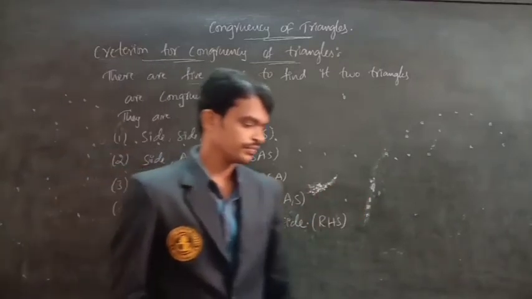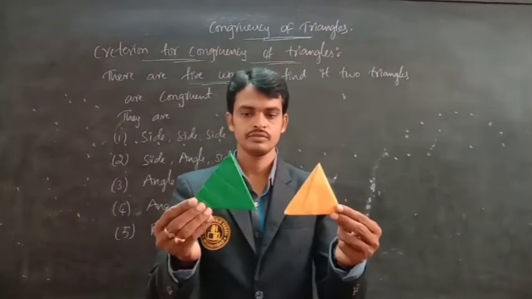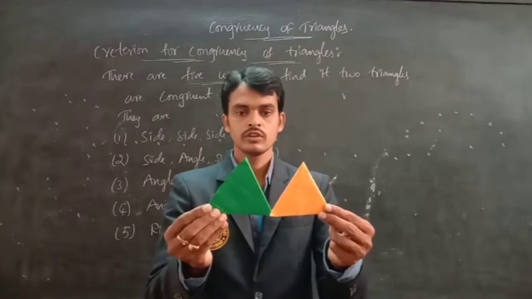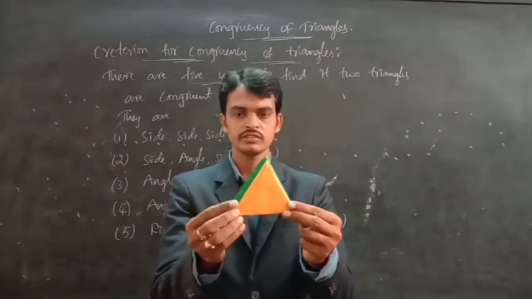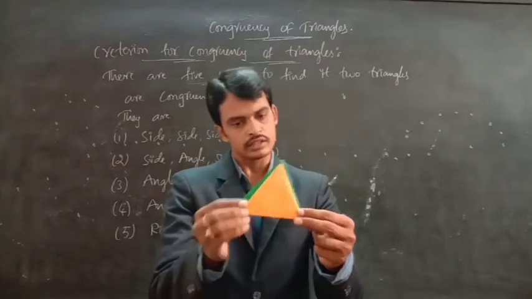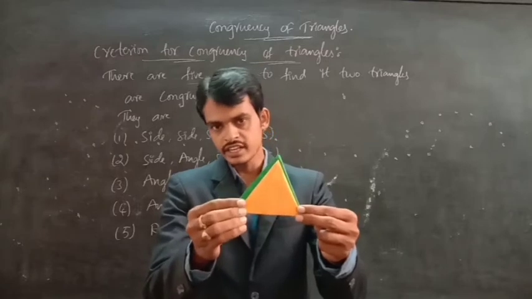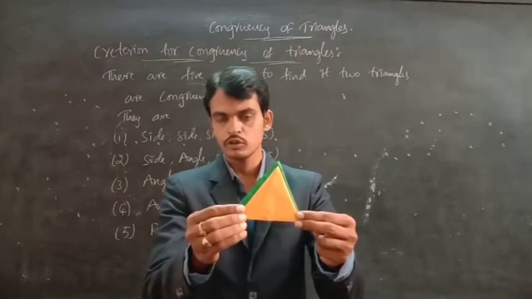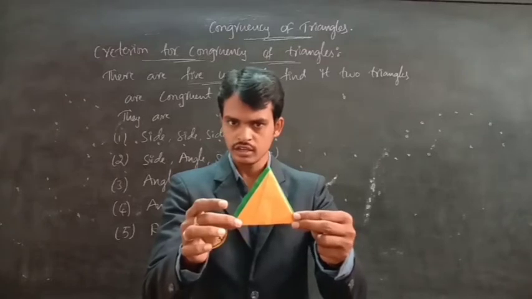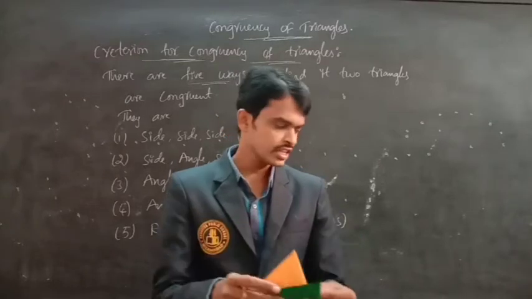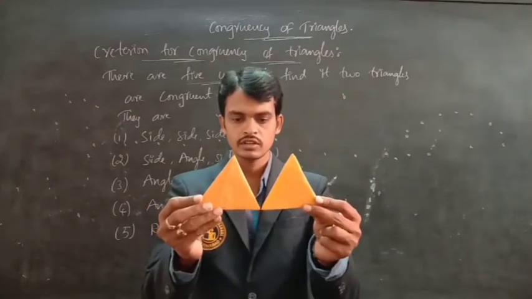Here look at the two triangles. Are they superimposed on each other? Do these two triangles have corresponding sides and angles the same? No. Then are these two triangles congruent? No. Let us take one more triangle. Look at these two triangles.